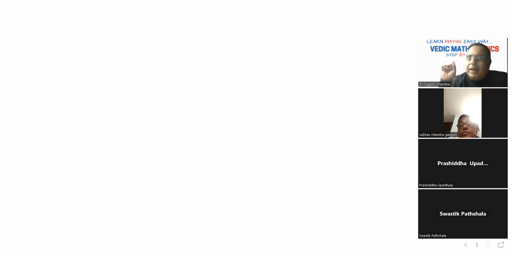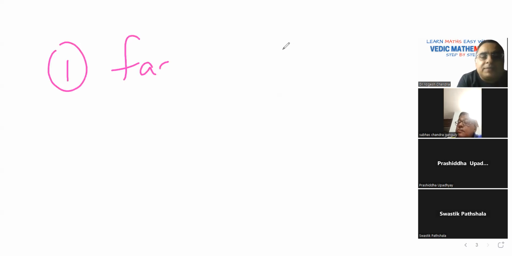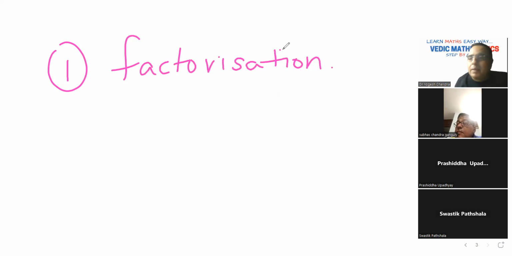Now, generally we are asked how to solve this. There are several methods, several techniques. The very first one is factorization. Often, this is very easy when we take a small number, or when the factors are not big. The equation is simple.